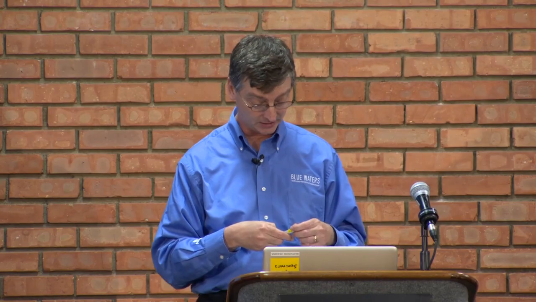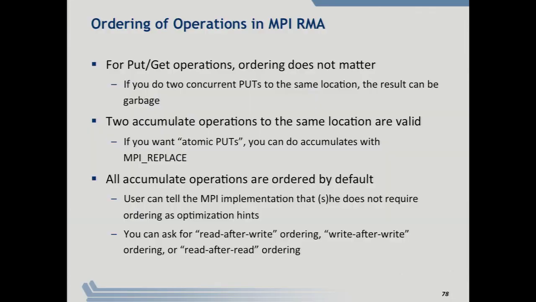So in MPI 3, it changed a little bit. Puts and gets are still unordered. So again, you can sort of think of the puts and gets as the fastest, but with restrictions, sorts of operations. Accumulates are ordered by default, but you can use that MPI info to control that.